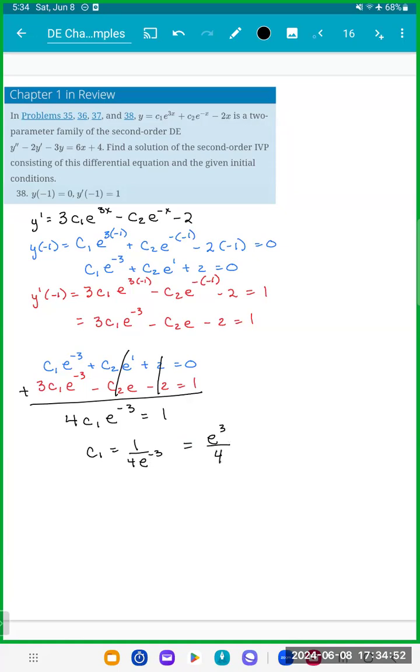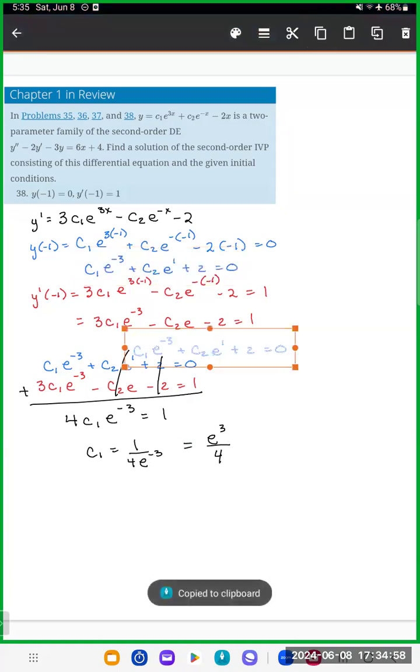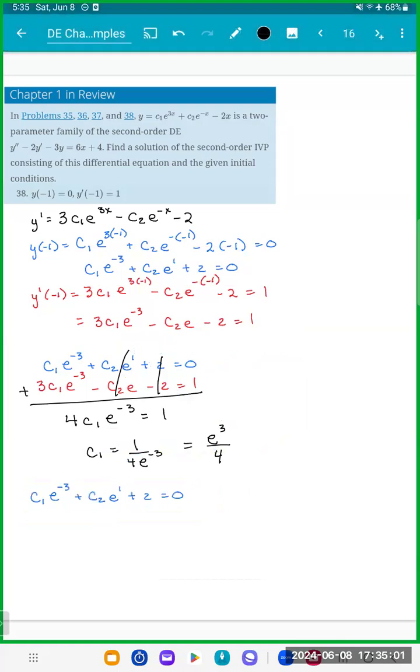Okay, so let's bring our original equation piece down again. And so when we have that and we want to plug e cubed over 4 in for our c1, that gives us e cubed over 4 times e to the -3, plus c2 e to the 1 plus 2 is equal to 0.